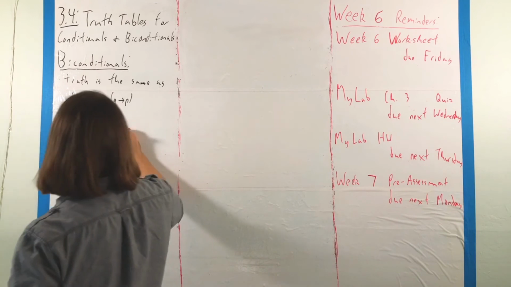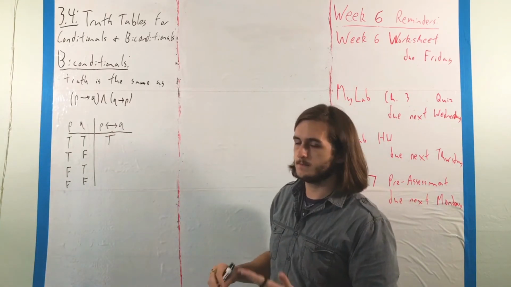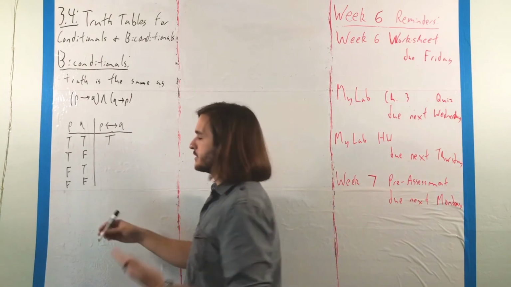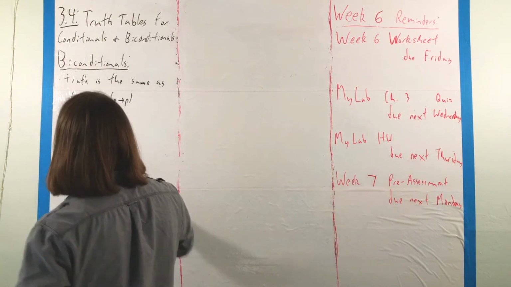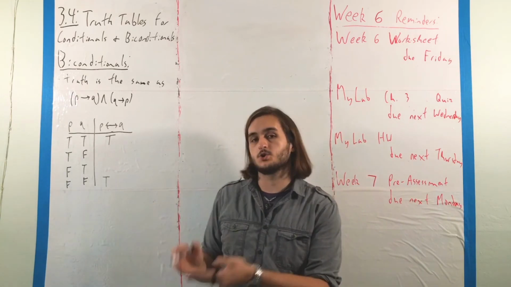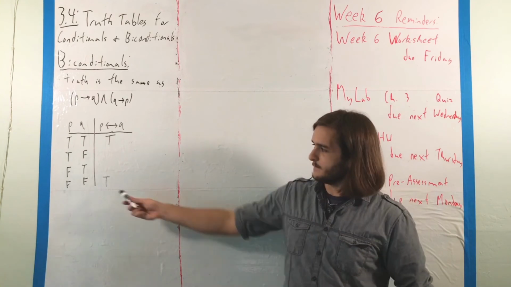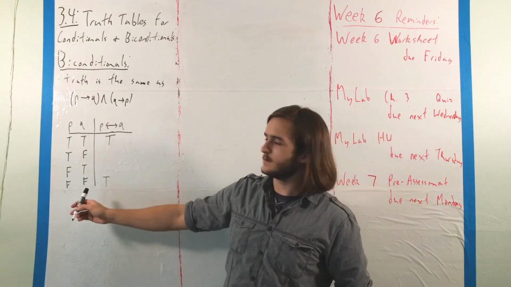So here, both are true. That means that the biconditional is true. And then, interestingly, if both are false, the biconditional is true. You can think about that as being something like those trivial cases we saw with the conditional, but going in both directions.